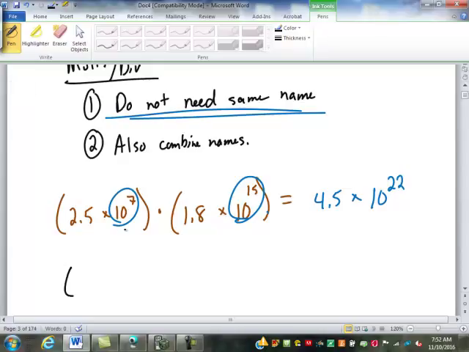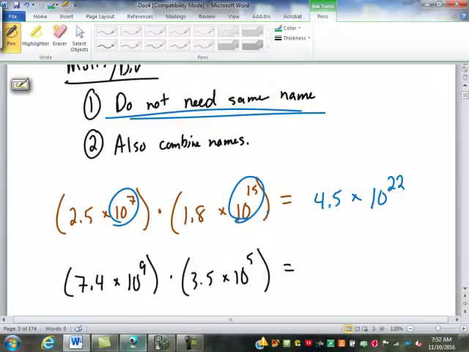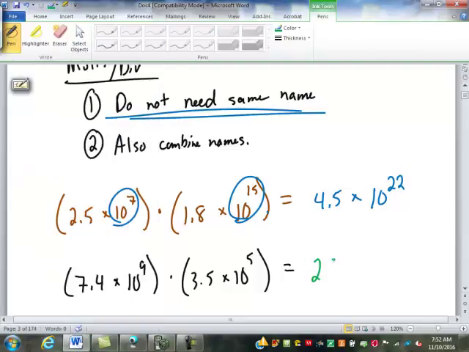Now, when we're multiplying, it's quite often that we'll run into this. 7.4 times 10 to the 9th times 3.5 times 10 to the 5th. We multiply 7.4 times 3.5, which gives us 25.9 times 10 to the 9th times 10 to the 5th. 14.